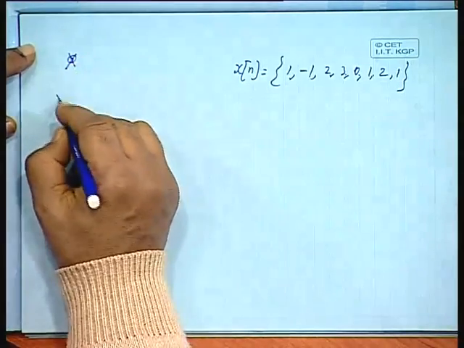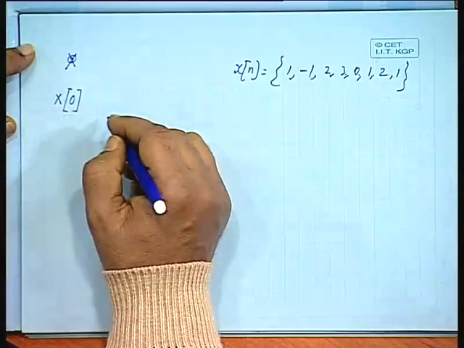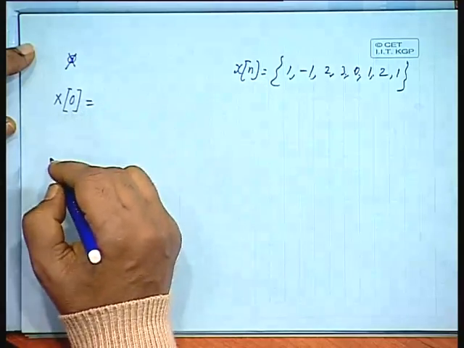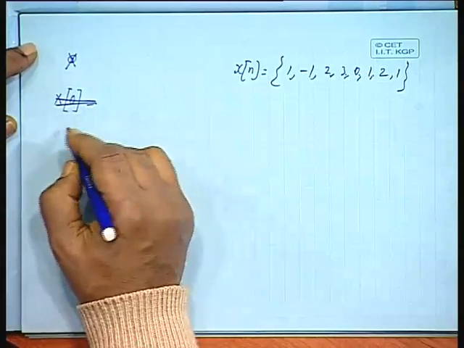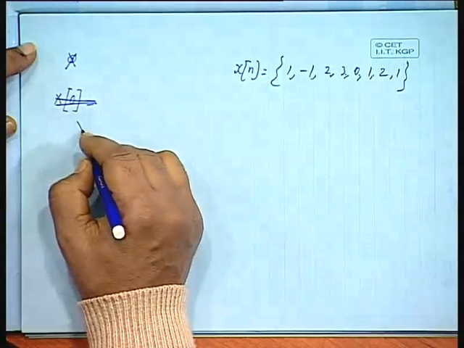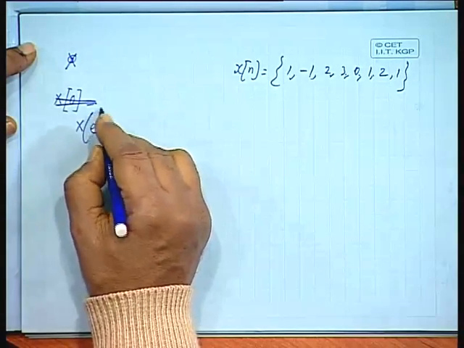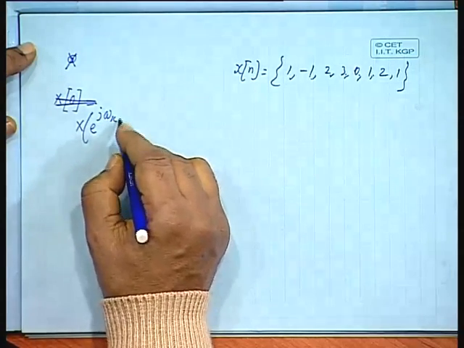So, what will be capital X0? Before we go to that, we are evaluating x at e to the power j omega k at k equal to 0.